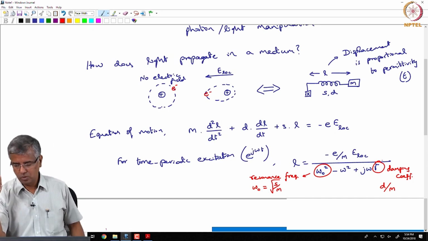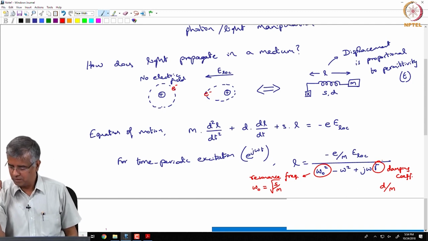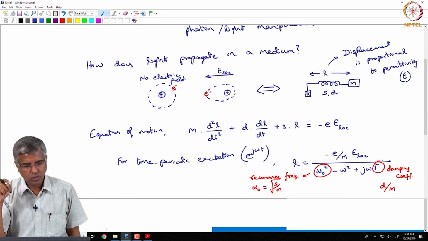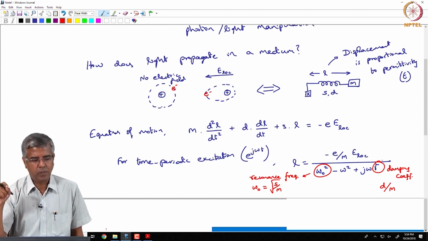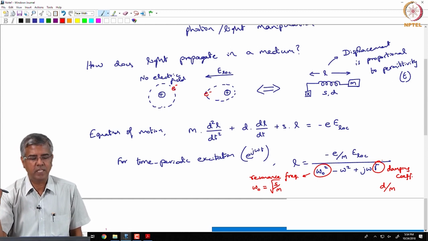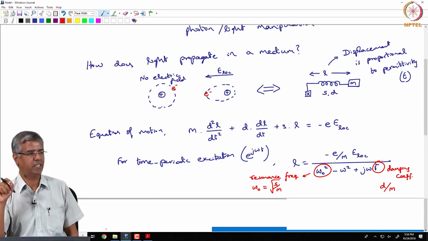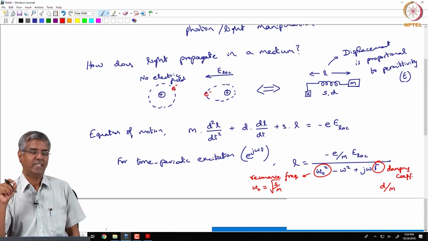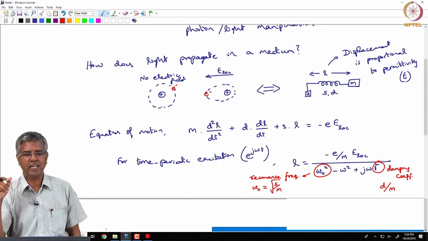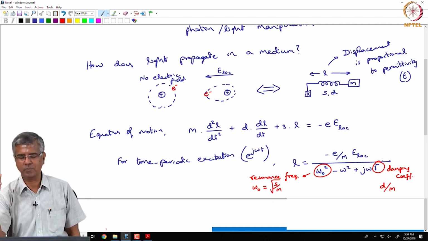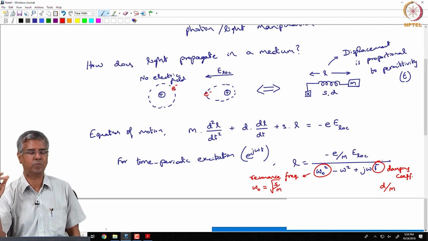So, this is the important part. Both the real part of your permittivity as well as the imaginary part of your permittivity are functions of frequency. We loosely say this material has a permittivity of 4, or a refractive index of 1.5.